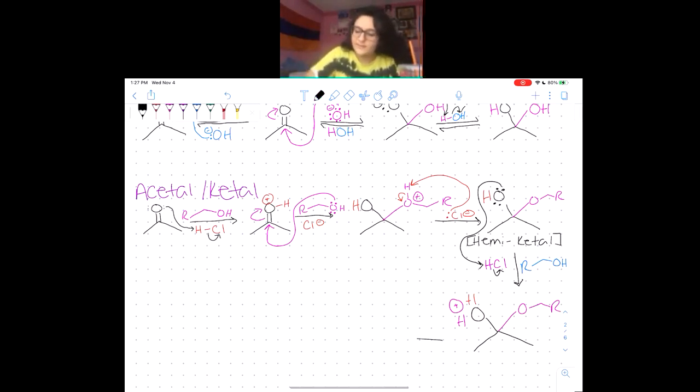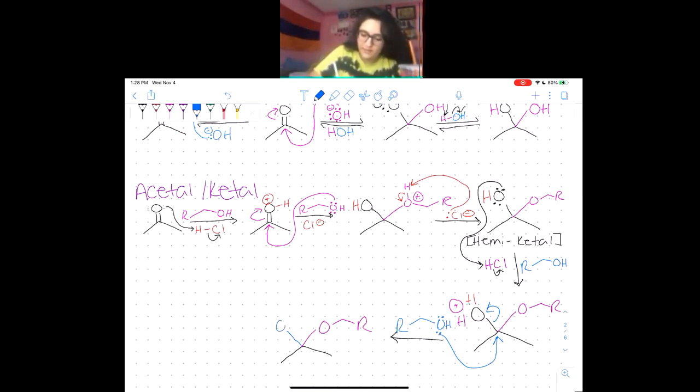And at this point, the second mole of our alcohol can attack the carbonyl carbon, kick off the H2O, and now we get OR and OR.